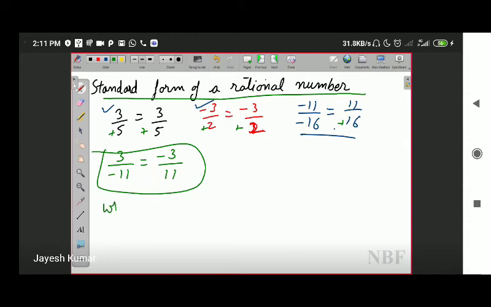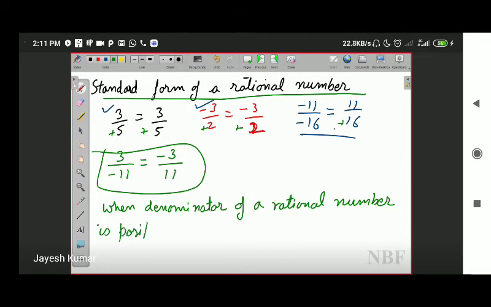When the denominator of a rational number is positive, then it is in standard form.